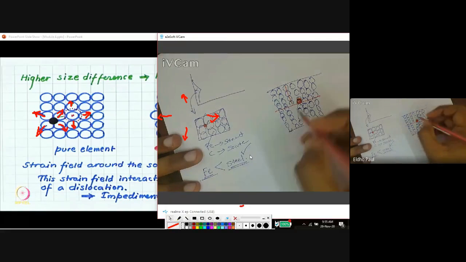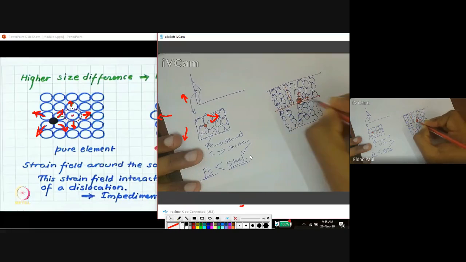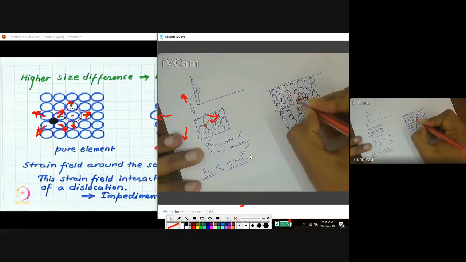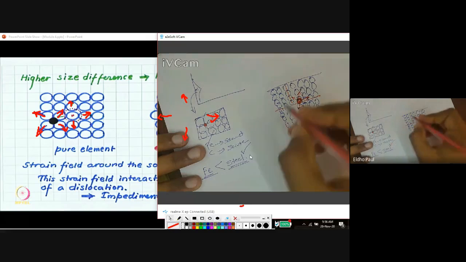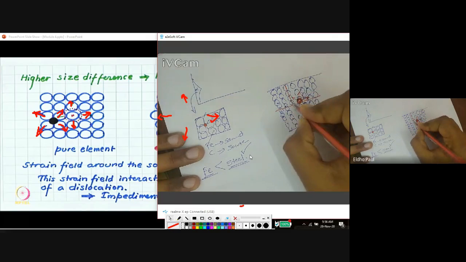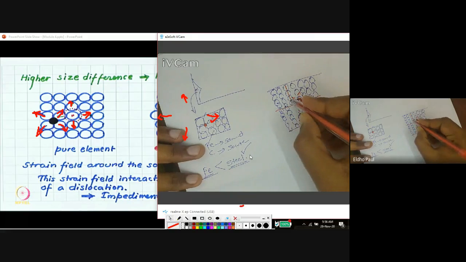Okay. So, these solute atoms offer a strain field or stress field around this solute atom. A stress field or strain field is developed around this solute atom. Okay, and this dislocation line has a stress field also. It has also a stress field or strain field. It may be tensile or compressive.